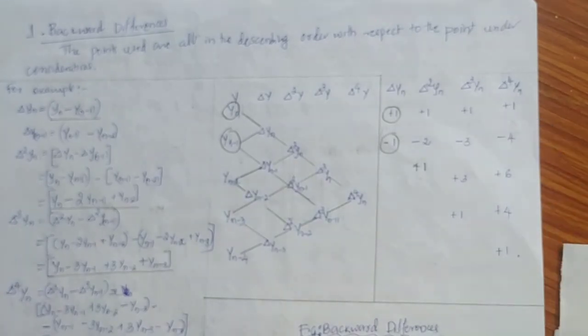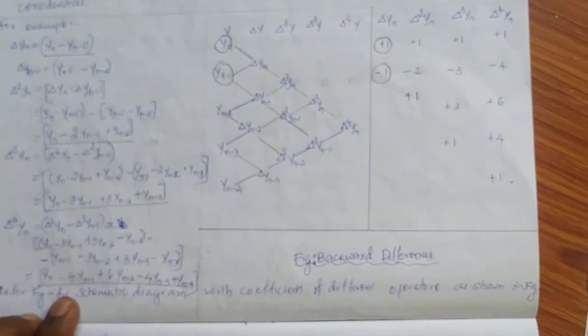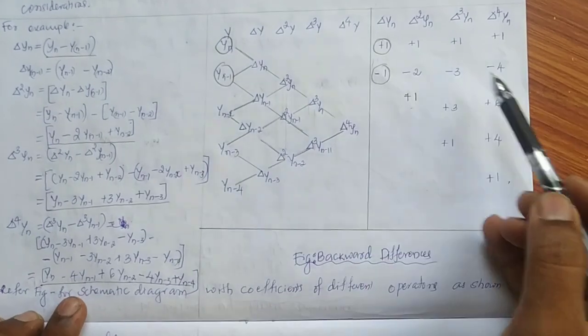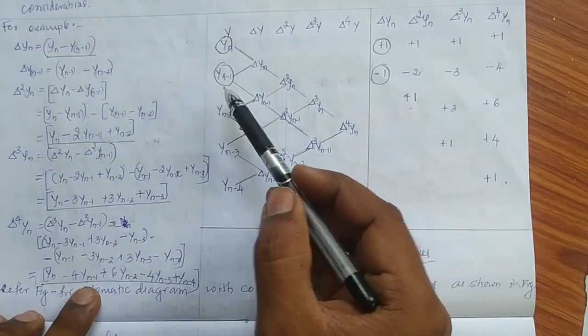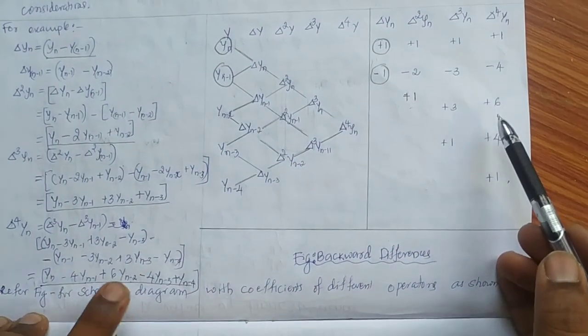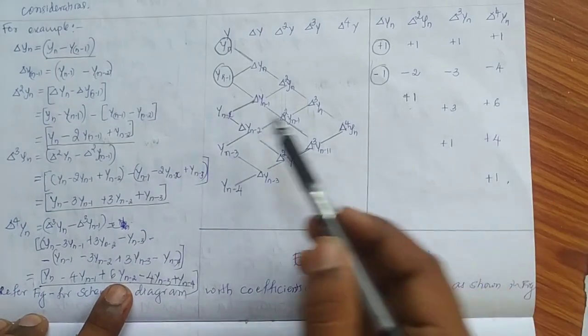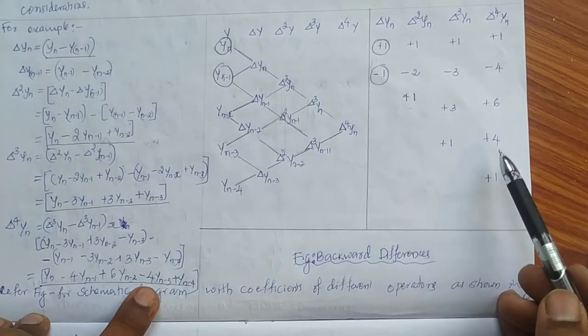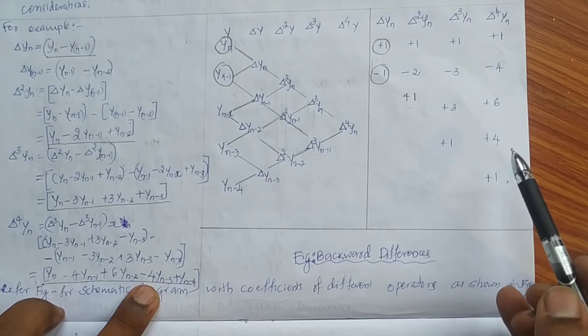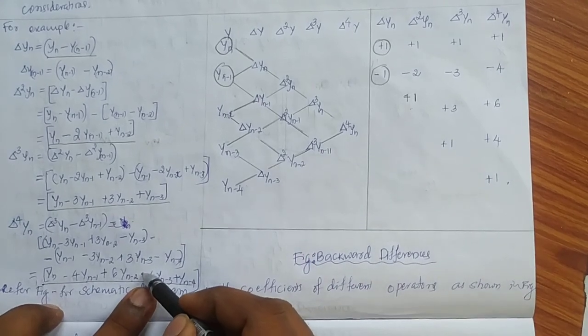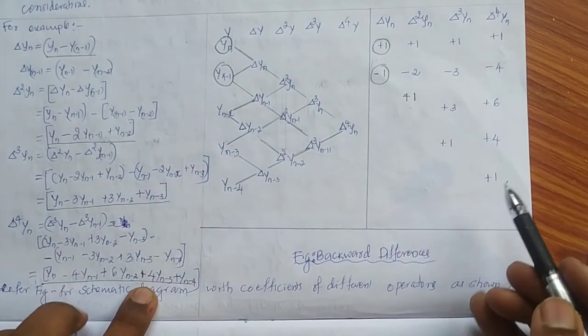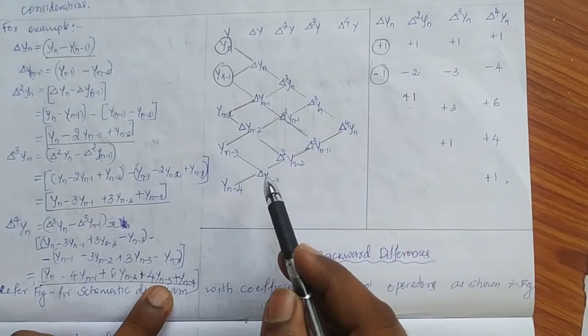Similarly, you can write the last equation, which is nothing but yn minus 4yn minus 1, next plus 6yn minus 2, next minus 4yn minus 3, and finally plus yn minus 4.